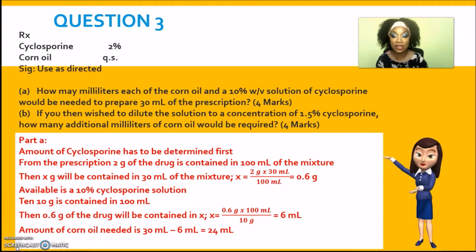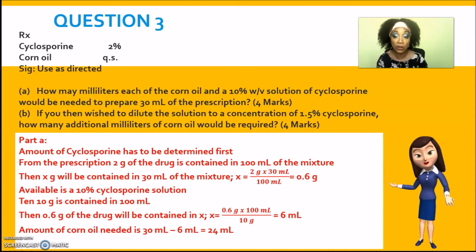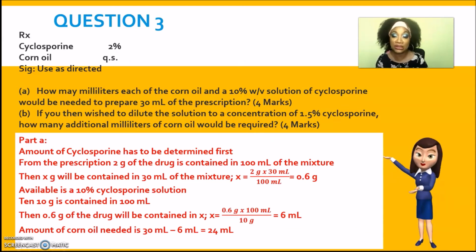So, let's look at part A. So let's determine the amount of cyclosporine first, because the cyclosporine that we see in this question is a solution. Corn oil we know is a liquid, so it makes sense.